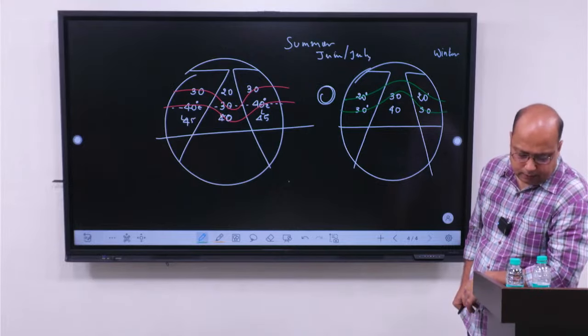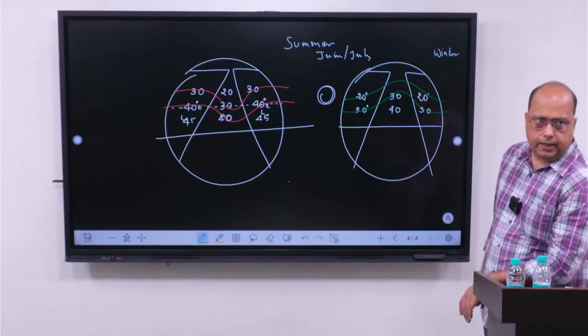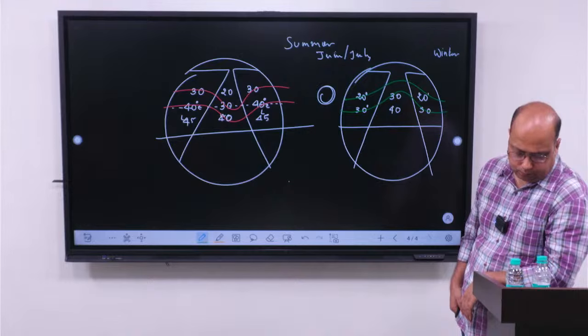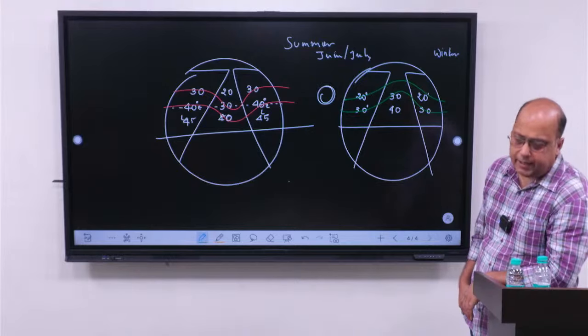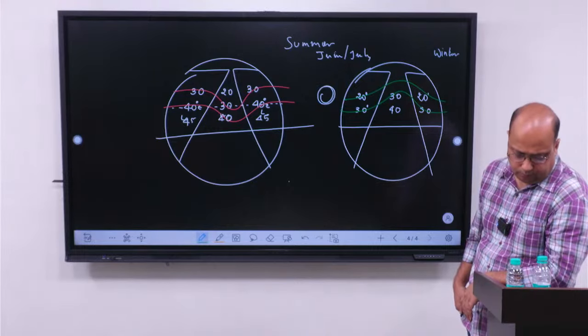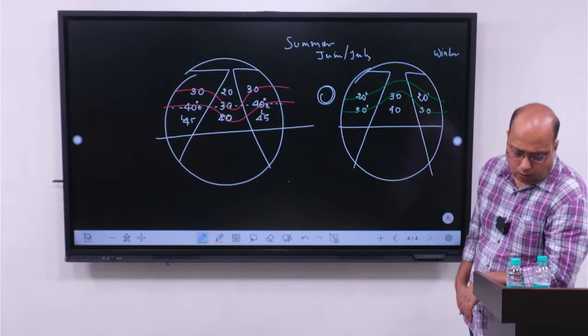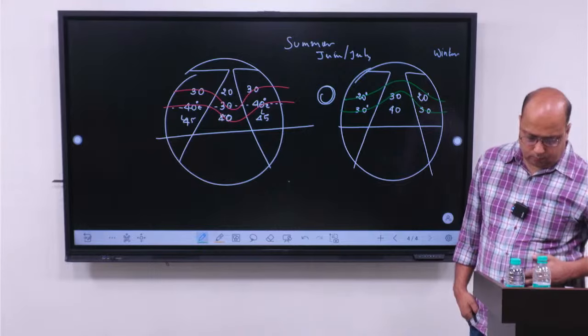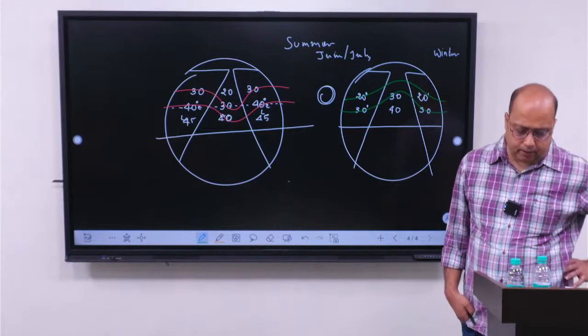Right, next point. They essentially give us a visual representation of how temperature varies across the globe. Right, next paragraph.